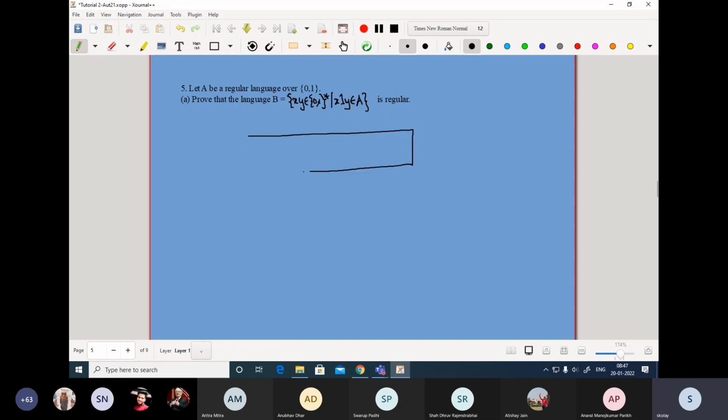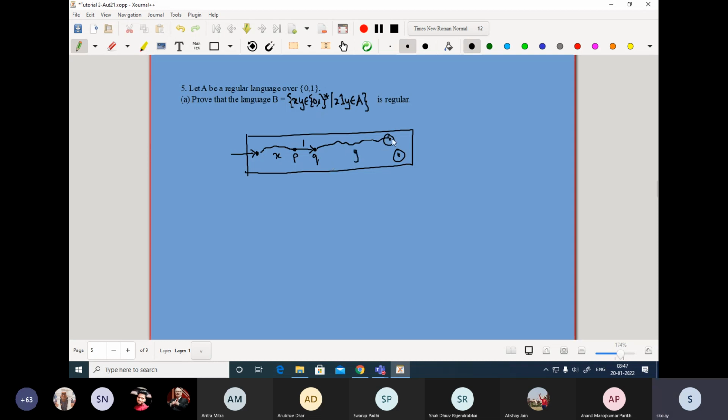So if I draw a schematic diagram, let's say I have a DFA for A. You have a start state and some final states, and x1y is of the form: the path labeled x reaches p, then a 1 reaches q, and then the path labeled y reaches some final state.